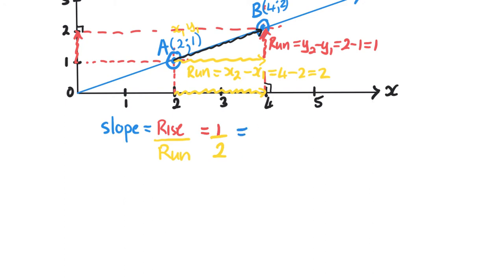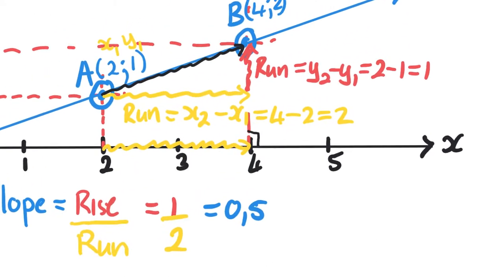Now you can write it as 0.5, but we would prefer you to keep it as a fraction, because then it's more explicit as to what's the change in vertical over the change in the horizontal distances. Now, what does this mean?